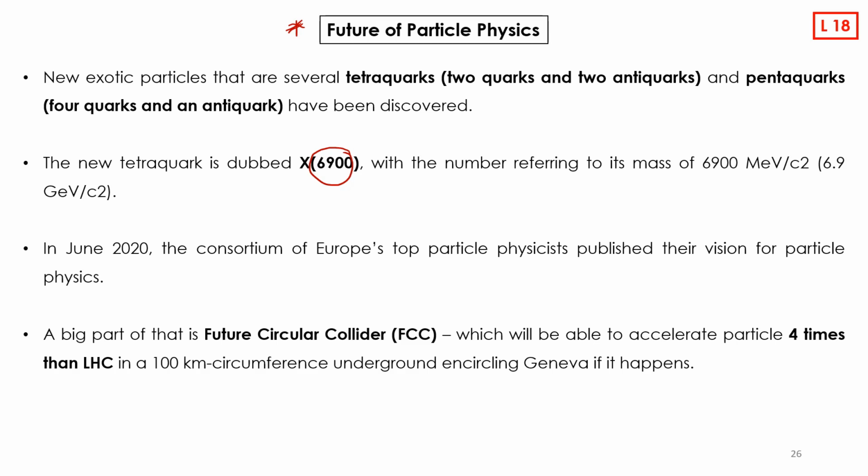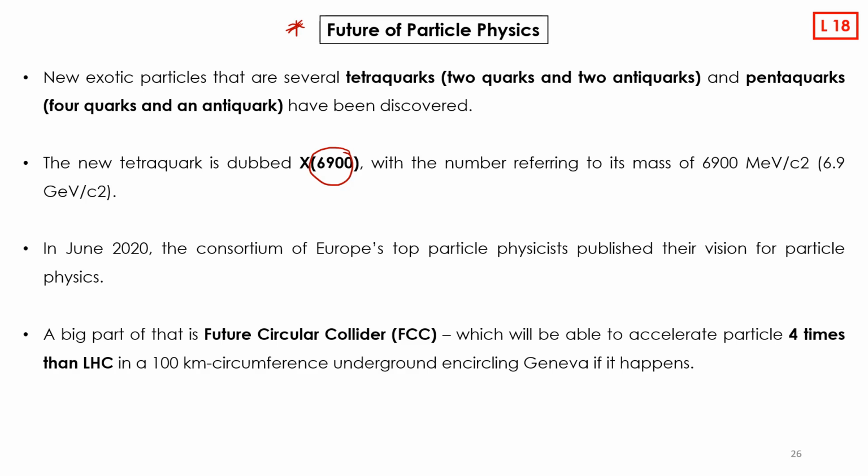And in June 2020, a consortium of Europe's top particle physicists published their vision for particle physics. A big part of that is the Future Circular Collider, which will be able to accelerate particles to 4 times the energy of the LHC. And what do we know about energy? High energy particles will be able to produce more tiny particles.